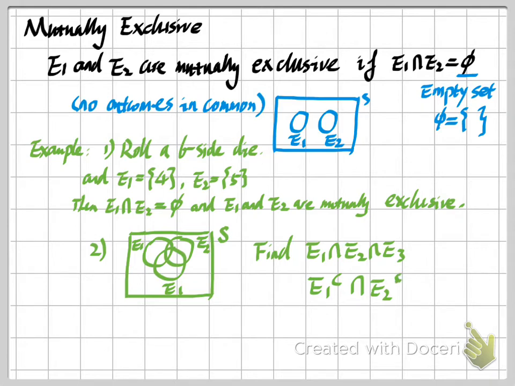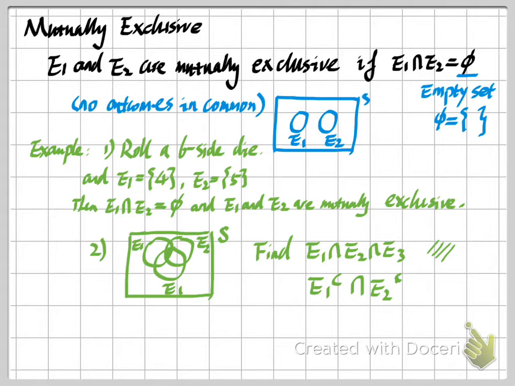Okay, so here in this one, I just give you one answer. The answer for E1 intersection E2 intersection E3, I show by shading with the green color. So this actually is the part.